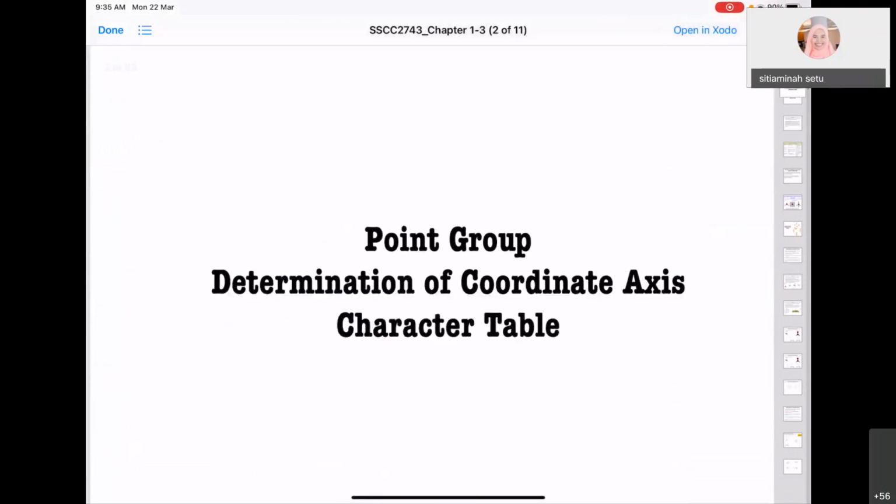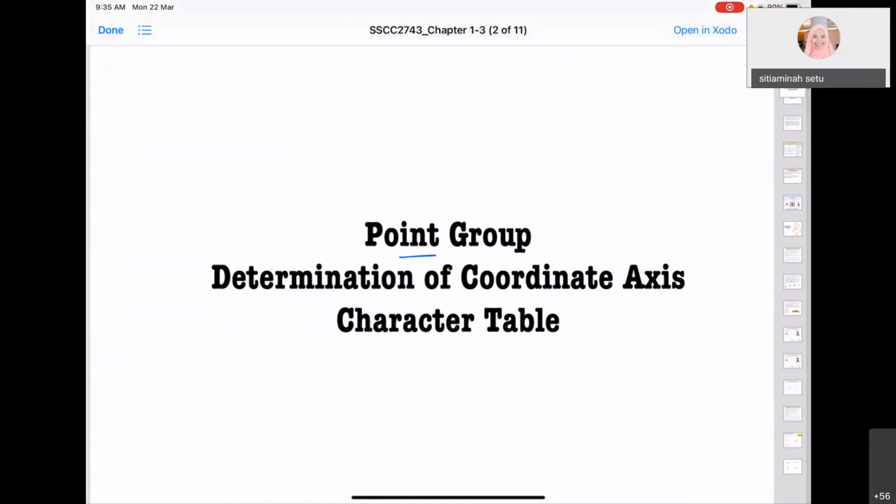In this part we discuss about point group, determination of coordinate axis, and the last one is the character table. Character table ni kalau student tahun lepas kita discuss in detail. Tapi untuk semester ni kita cut, kita cuma sampai introduction of the character table saja, tak go in detail.